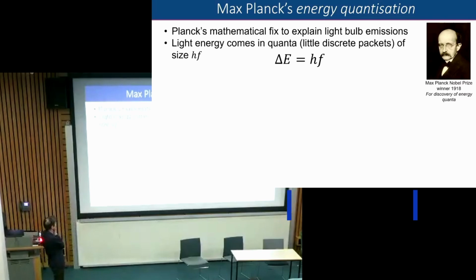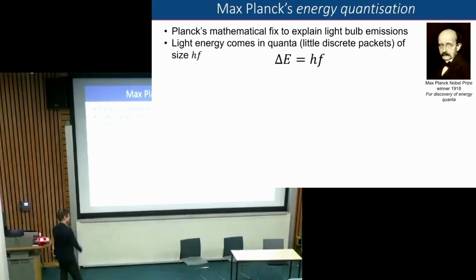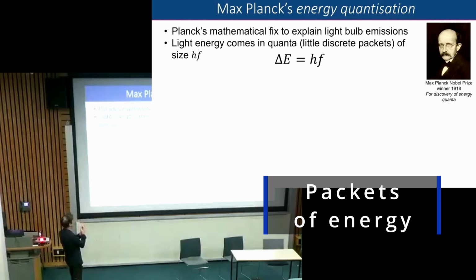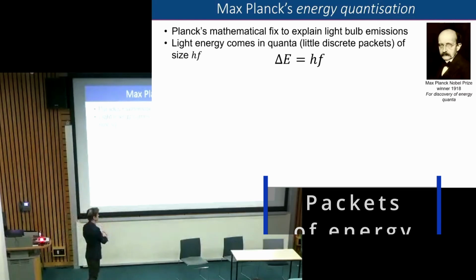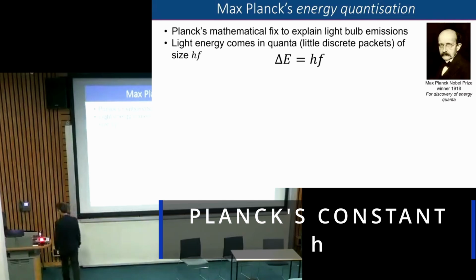And the mathematical fudge that he put together to fix the explanation for the spectrum of EM radiation from a black body, such as a light bulb as an approximation, was to say that light energy comes in quantized units, if you like, discrete packets of energy, which are simply proportional to the frequency of the EM radiation. And the constant of proportionality is what's known as Planck's constant, the scale factor h.